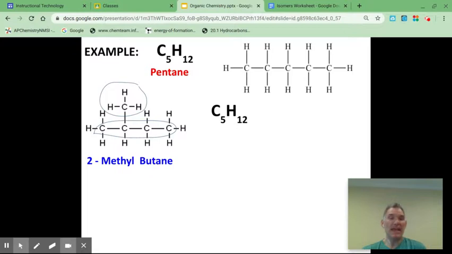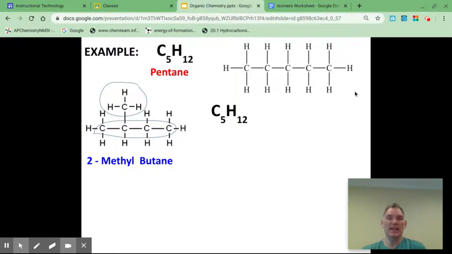Now, when that happens, I just can't say there's no more isomers. I have to ask myself, can I move another carbon and make something different? And notice we actually can. I can take this other carbon and also move it to the middle.